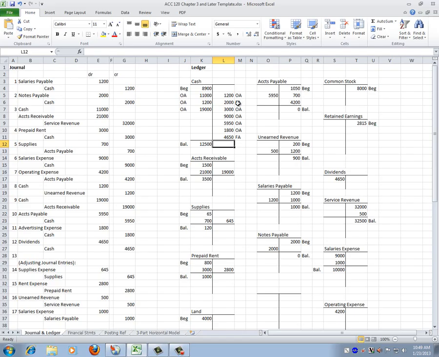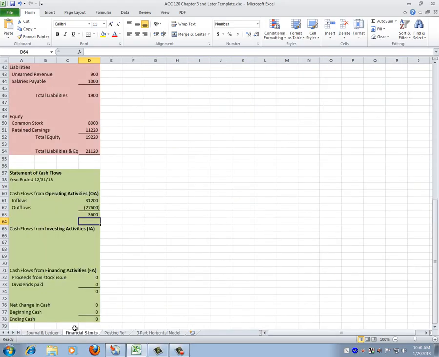We have two financing flows, both are outflows. 2,000 repaying that note payable, and 4,650, that was paying, was it a dividend? Must have been, yes. So let's give those somewhat more descriptive labels.